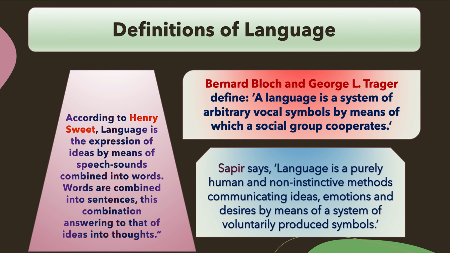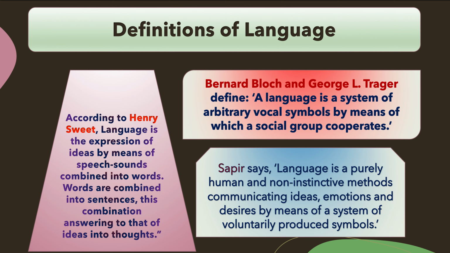Different languages have different vocal symbols and systems. Therefore, we call them arbitrary, not permanent, not universal. By the help of which a social group cooperates, talks, communicates, and so on.